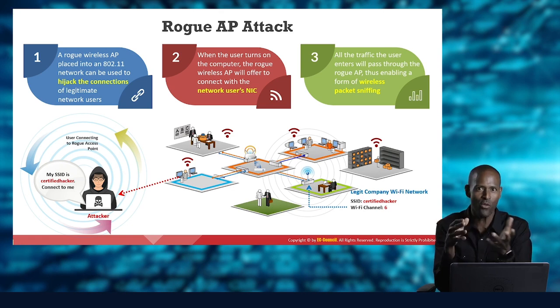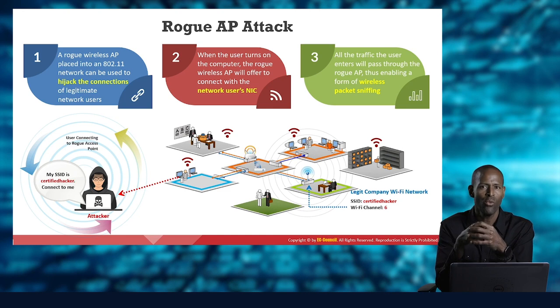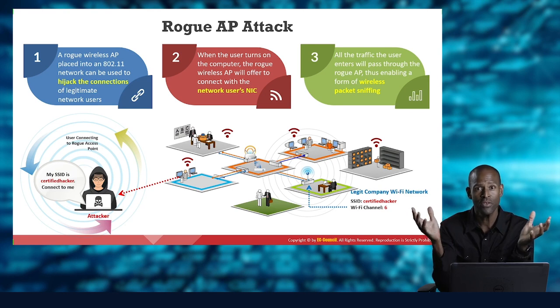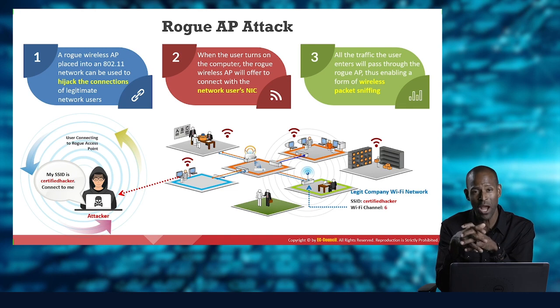Or Starbucks Free Wi-Fi. Or if you work for an organization called XYZ Corp, and maybe there is no visible SSID for the Wi-Fi for XYZ Corp, but hey, there's a network that you can connect to, which is XYZ Corp Visitor Wi-Fi. And so people come by, they connect to it, but it's not real.